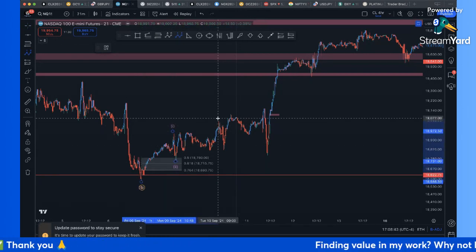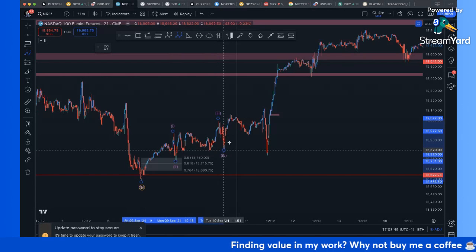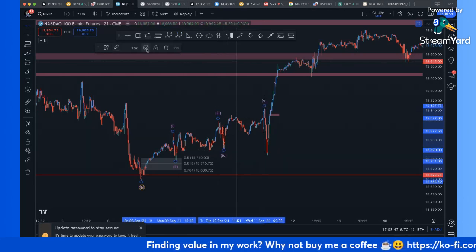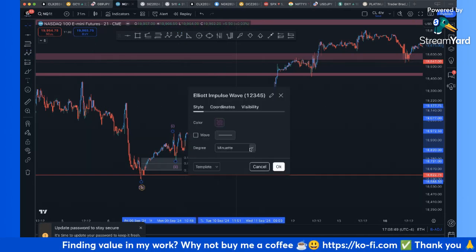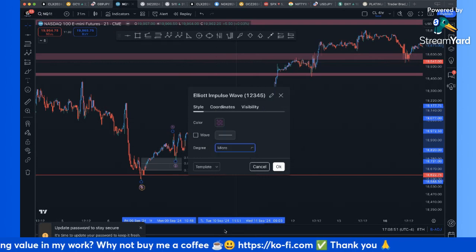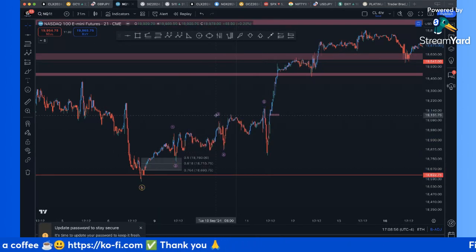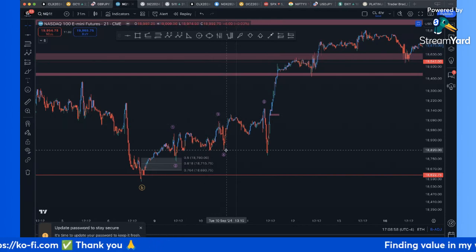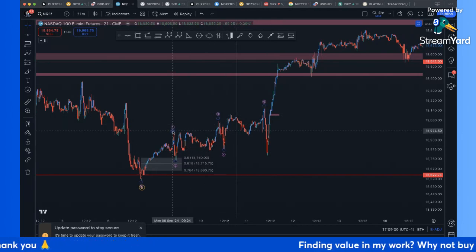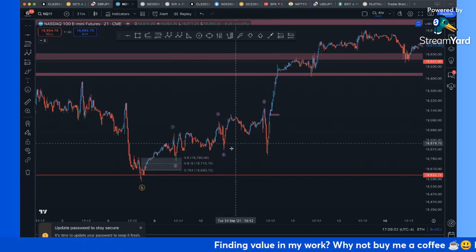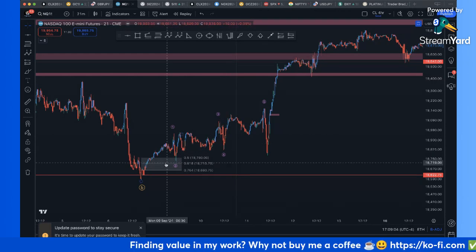So if this is indeed a diagonal for wave 1, the reason I can call it that is, first of all, it's making net advances. Wave 4 did retrace well into the price territory of wave 1, but it did not make a new low.